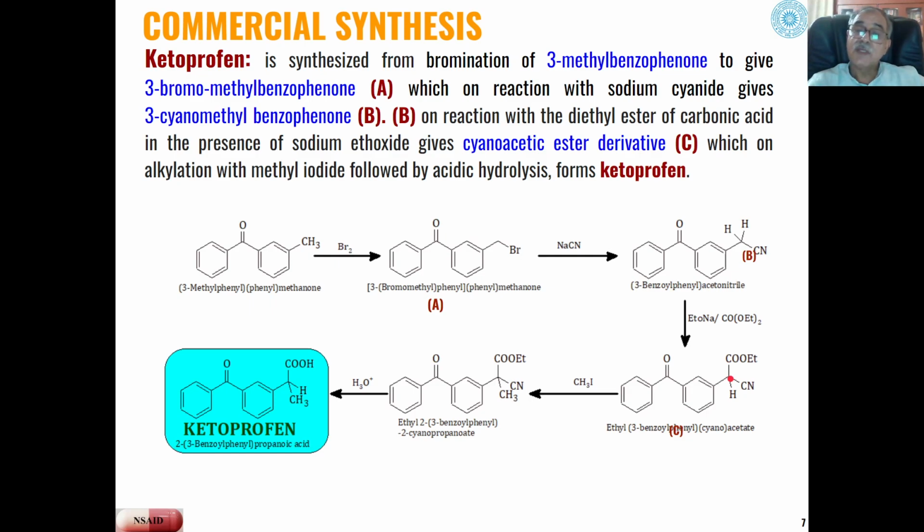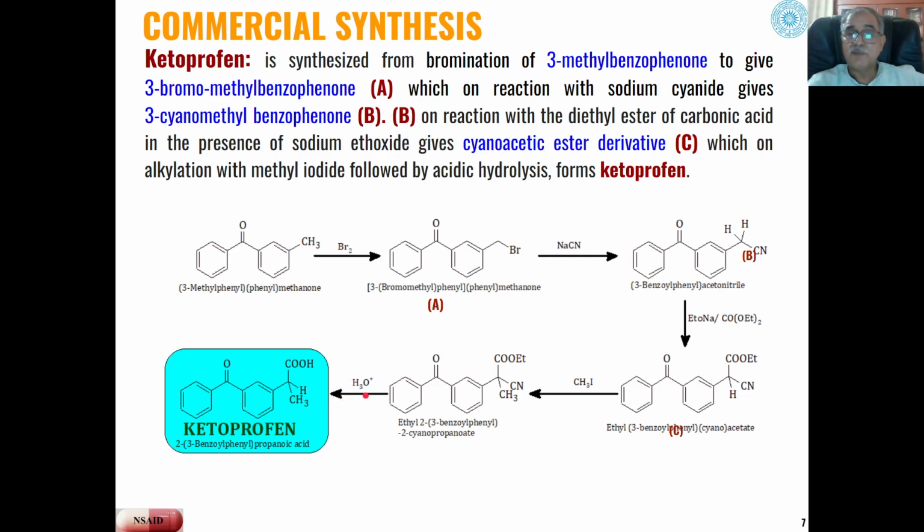So C-methylation will take place through nucleophilic substitution reaction, and this H will be converted into a methyl group. So we will get this type of product. Now we have a methyl group, cyano group, and ester group.